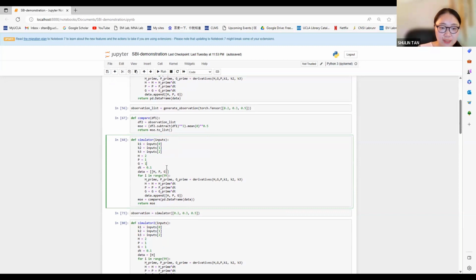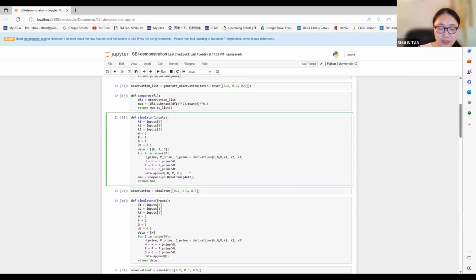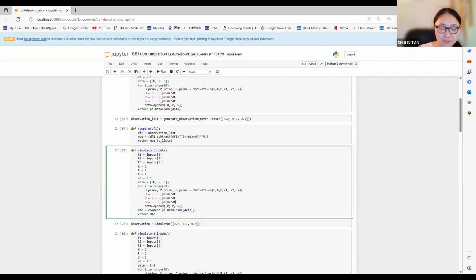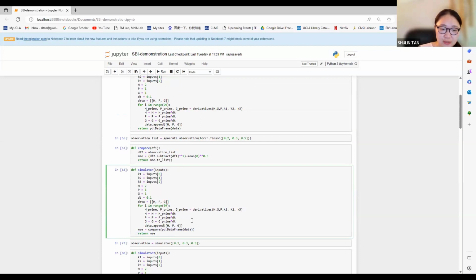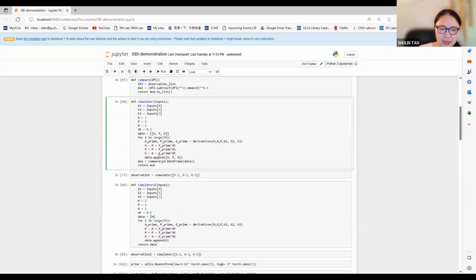Here I write down how, if I have the derivative, I just update my data so that I can get the trajectory of my observation, HP and G. I suppose that the real, accurate parameters are 0.2, 0.3, 0.5, and I just compare the trajectory.